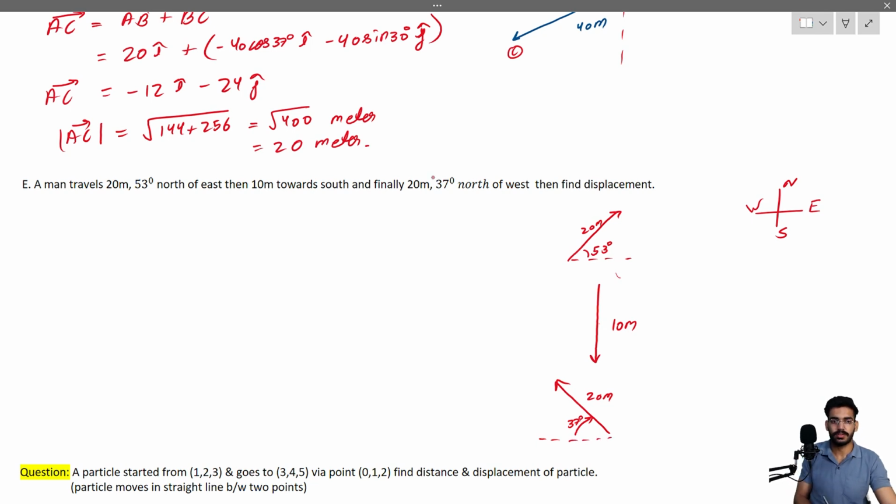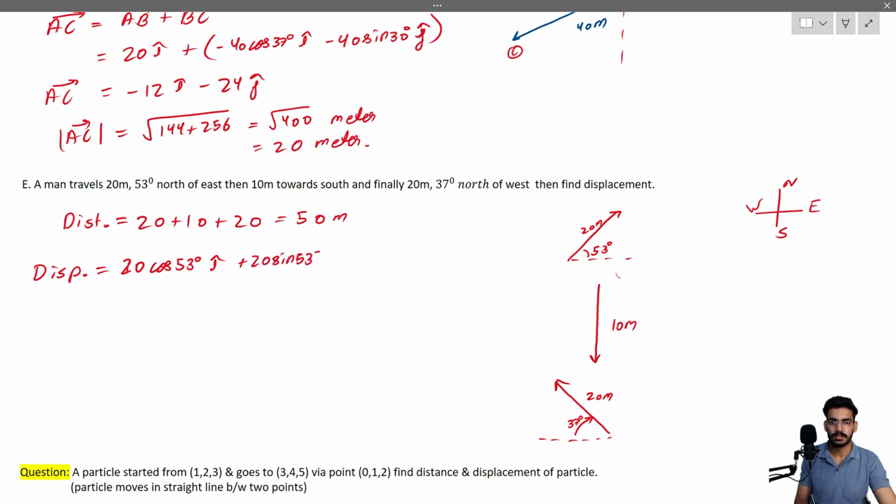Okay, so if you write distance, distance is basically the sum, so that is 20 plus 10 plus 20, that is my 50 meter. Okay, and if you write displacement, final displacement will be how much? This vector you can divide in component form. How you will divide? 20, this will be i cap, positive only, so 20 cos 53 i cap, plus 20 sin 53 j cap, plus which vector?